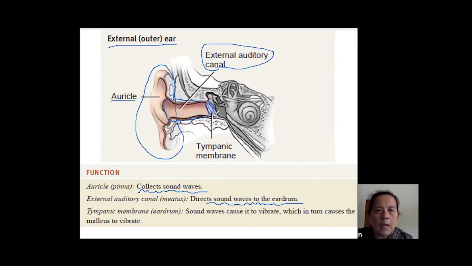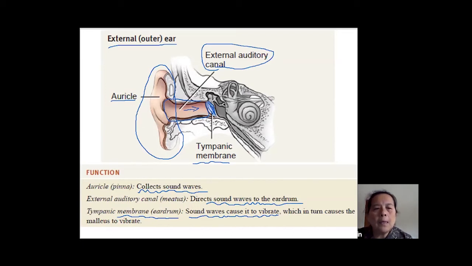Where is the eardrum located? The same place as when we were talking about the membrane here. The ear membrane is also called the eardrum. So the vibration goes in, and the sound of the words can cause it to vibrate. Then it transmits these vibrations to the middle ear.